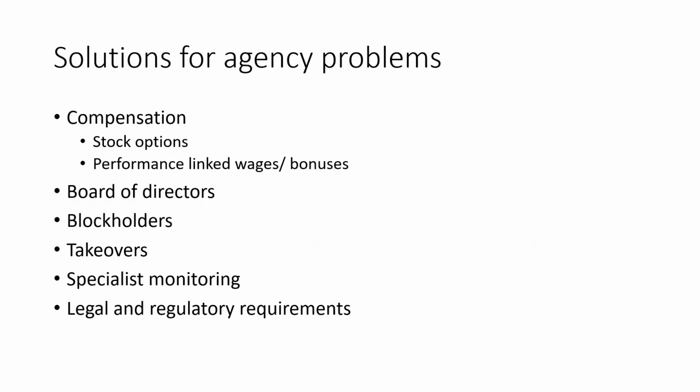What are the solutions for the agency problem? Well, compensation linked with share price for managers through stock options, or performance linked with profitability of the corporation, could be one solution. The board of directors and block holders could also have a bigger say in the way a company operates.